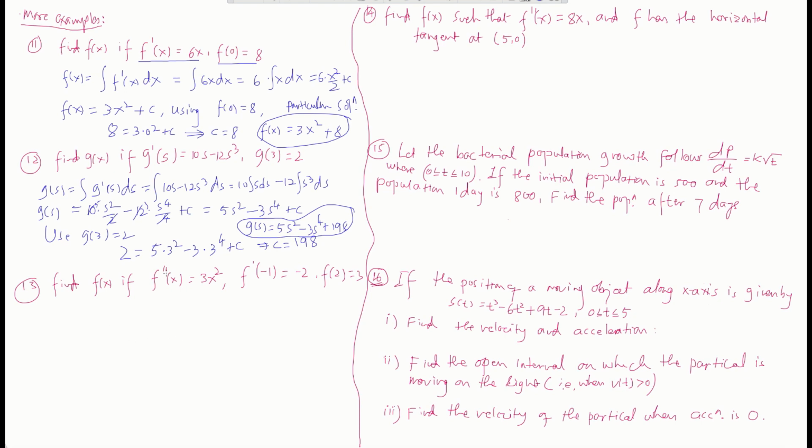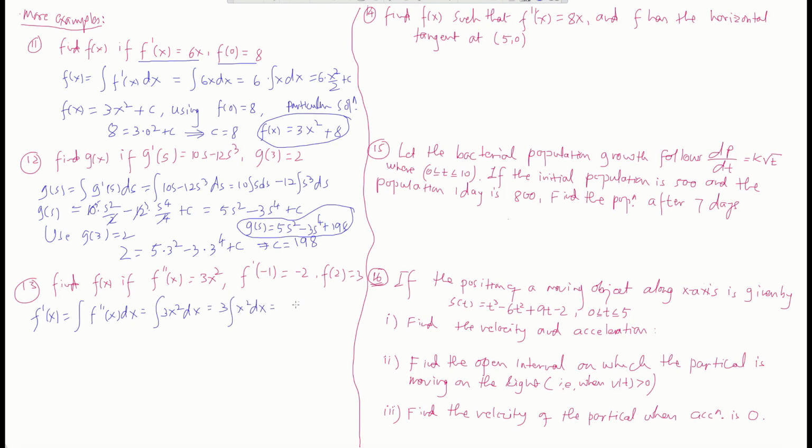Okay, so here you have f double prime. So you will have to integrate twice. You do it one by one. f prime of x equals the integral of f double prime dx. So you will get the integral of 3x squared dx, which gives you 3 times the integral of x squared dx.